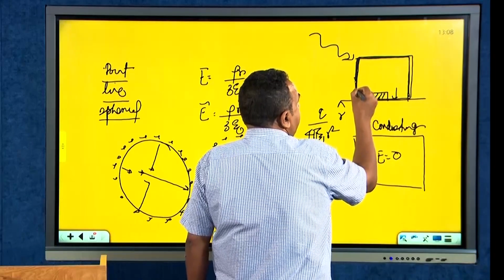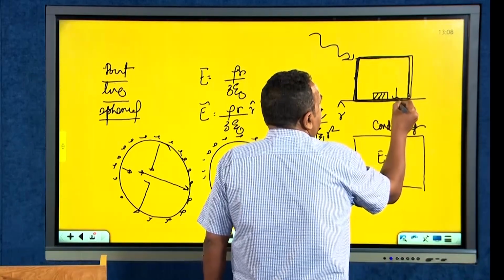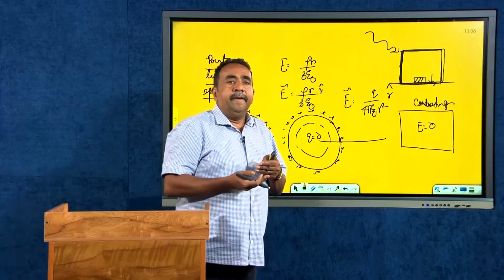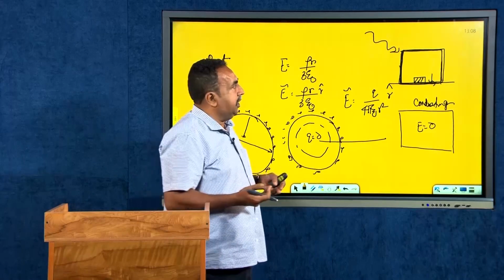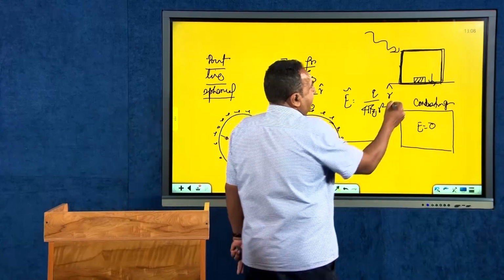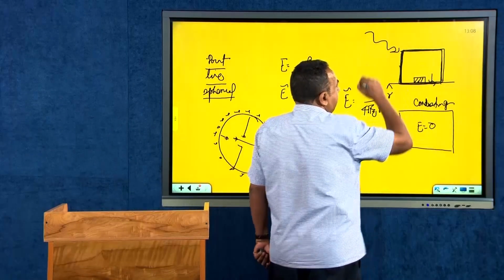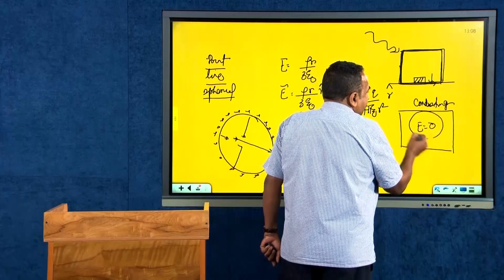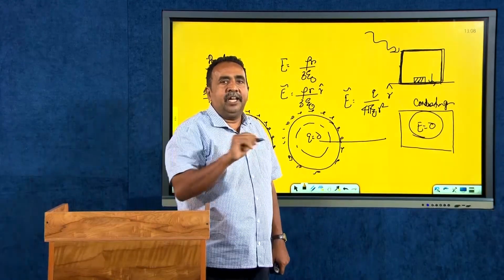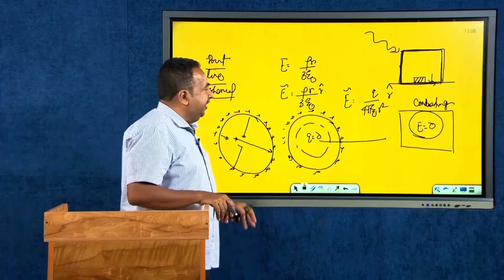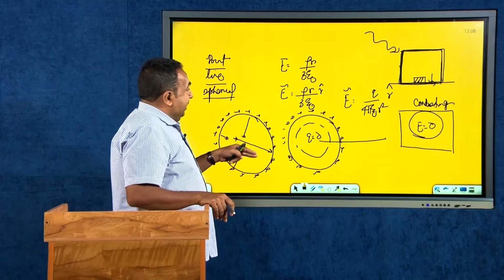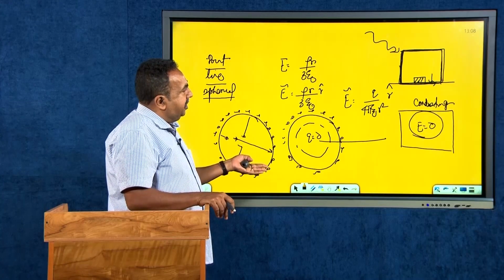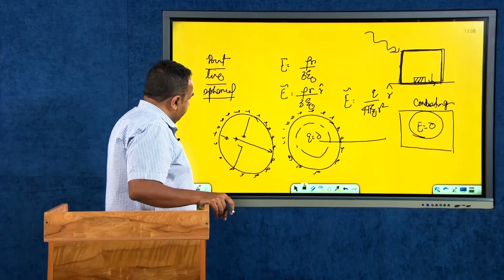If this is a good conductor, lightning may go like this and you will get an electric shock. But if you are standing or sitting on a non-conducting wooden table or something like that, then the chance of getting hit by lightning will be very less. Why? The reason is the electric field inside a conductor will always be equal to 0. Therefore, the electric field inside a metallic conductor or any conducting substance will be equal to 0.